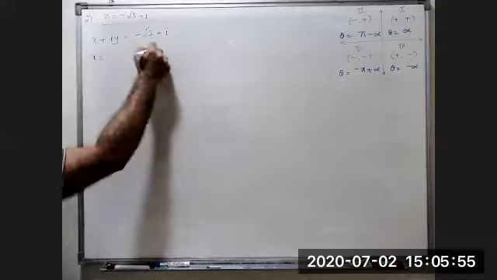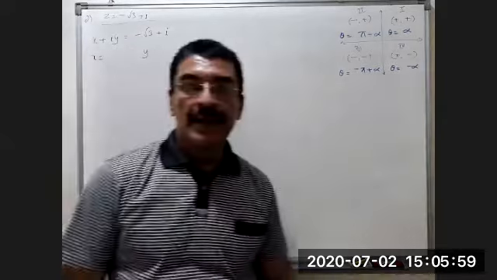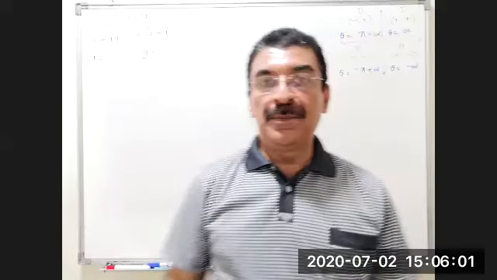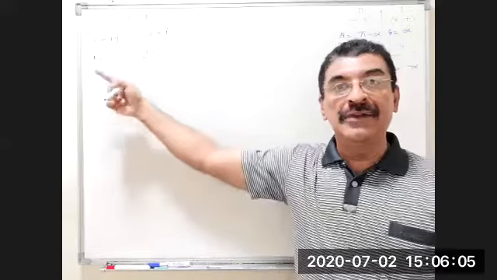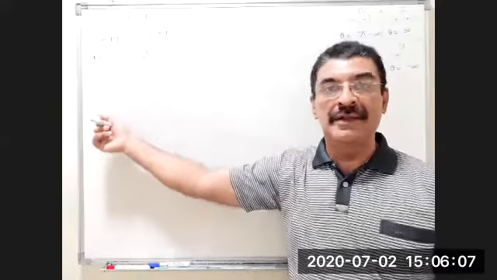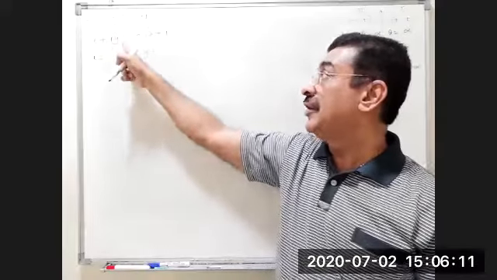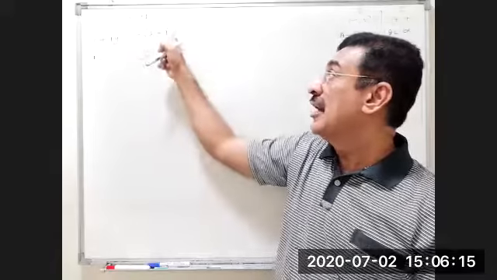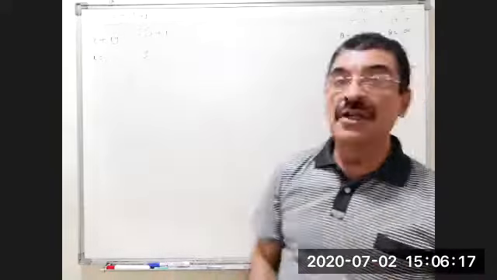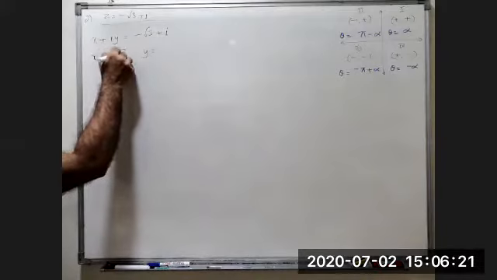From this, we can write the values of x and y. x means the real part and y is the imaginary part. So x is minus root 3. What is y? y is 1, because y is the coefficient of i. So x is minus root 3, y is 1.